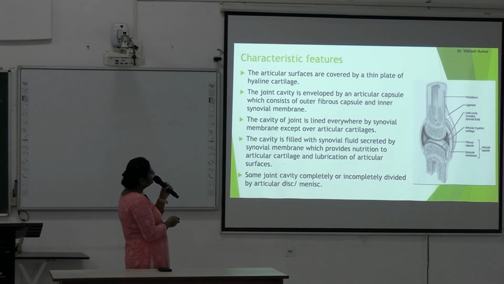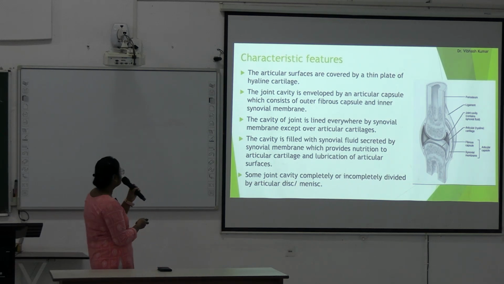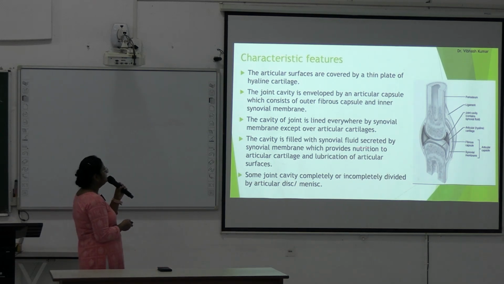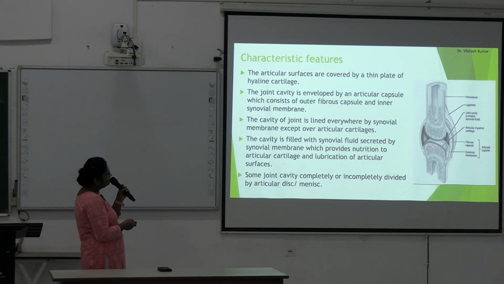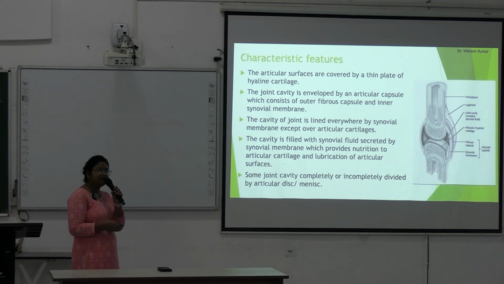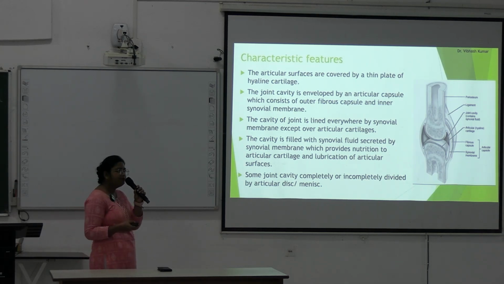Synovial membrane lines the whole of the joint cavity, and the cavity is filled with synovial fluid secreted by the synovial membrane, which provides nutrition to the articular cartilages. Here are the articular cartilages at the two ends of the bone. It also helps in lubrication of the articular surfaces, so helps in the free movement of the joint.